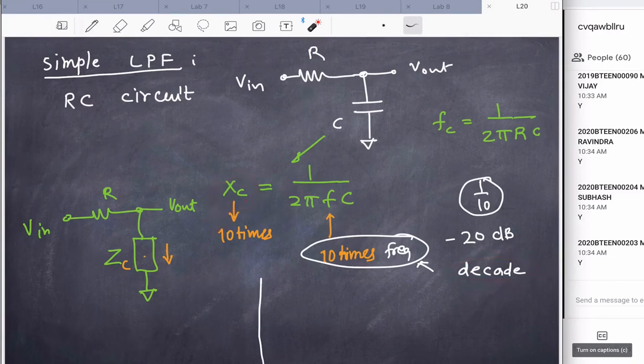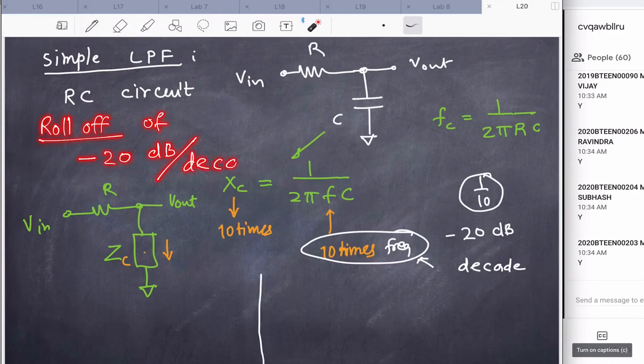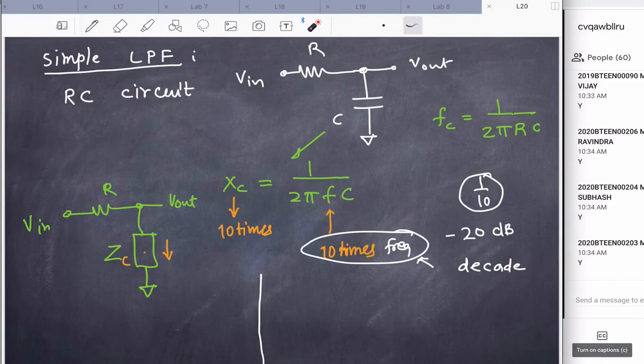It means the gain is reduced by 1 by 10. 1 by 10 means minus 20, and therefore, this circuit has a roll off of minus 20 dB per decade. Everybody understood this? Why the simple low pass filter has minus 20 dB per decade roll off?